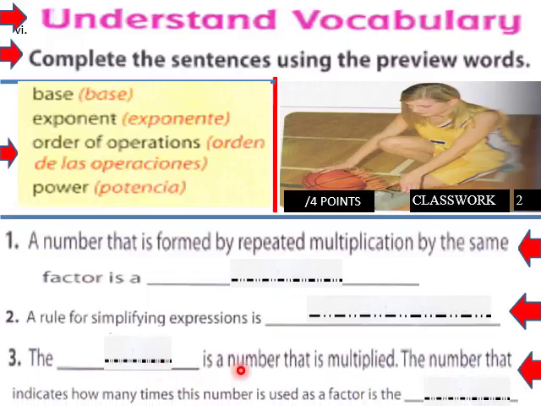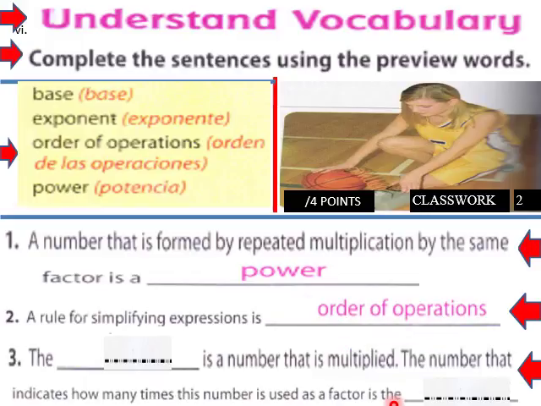For 1, it is power. 2 is order of operations. 3, the base is the number that is multiplied. And the exponent is how many times the base is multiplied.